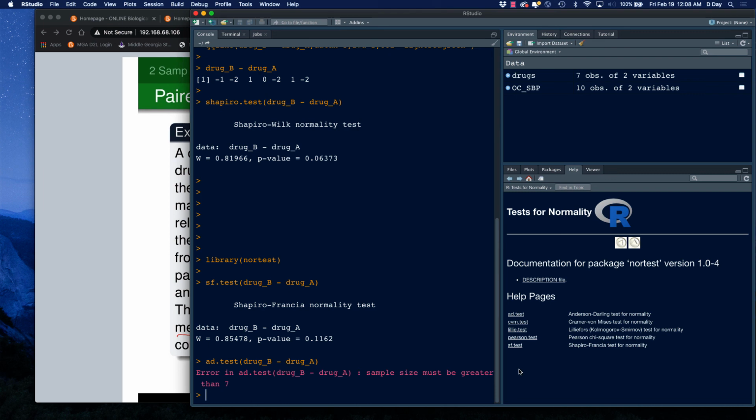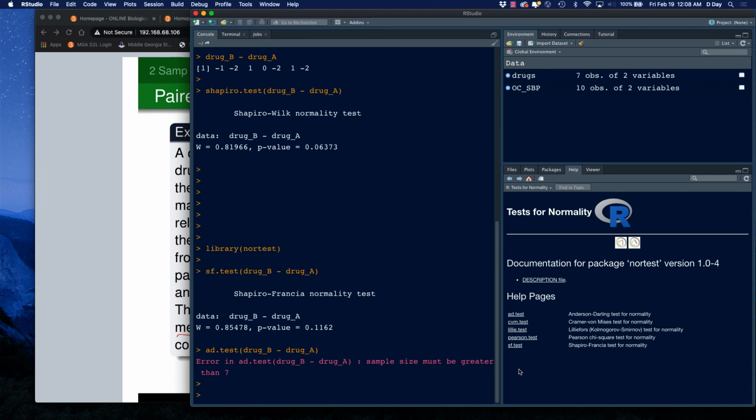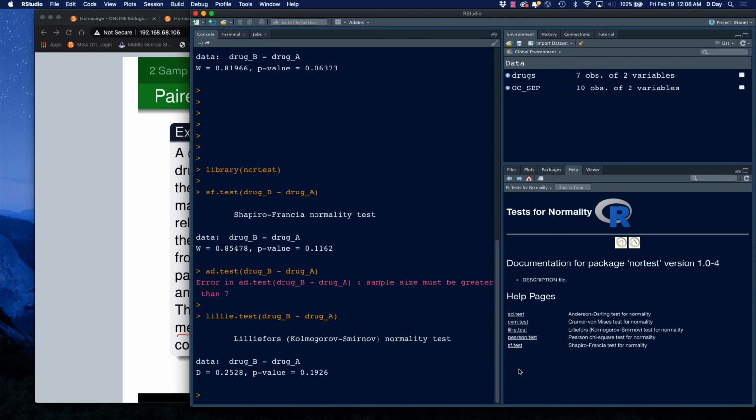Let's see what the Kolmogorov-Smirnov one gives us. They call it the lillie.test, it looks like. Yep. It runs and gives me a rather big p-value as well. So that one also we wouldn't reject normality with.